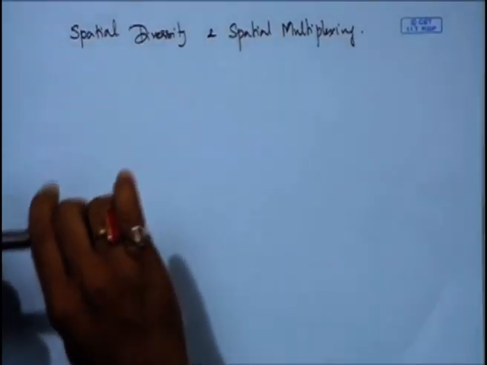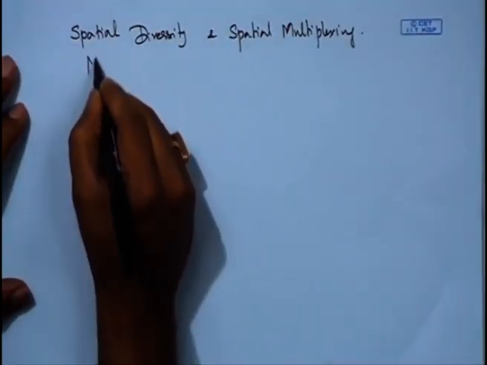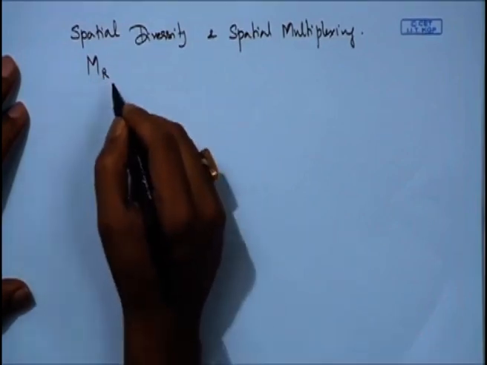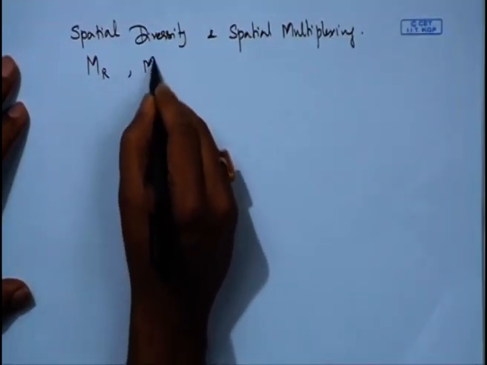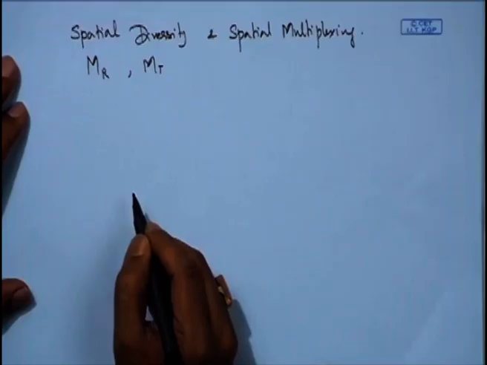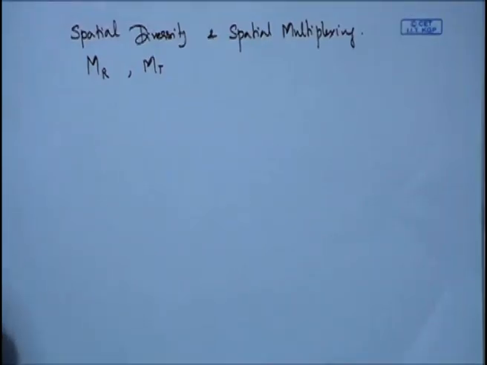Now suppose you are given MR, the number of receive antennas, and MT, the number of transmit antennas. The natural question one can ask is what do you do with this? Would you configure it to operate in diversity mode, or would you configure it to operate in a spatial multiplexing mode? So let us see when we do what, or what kind of combinations can be achieved.